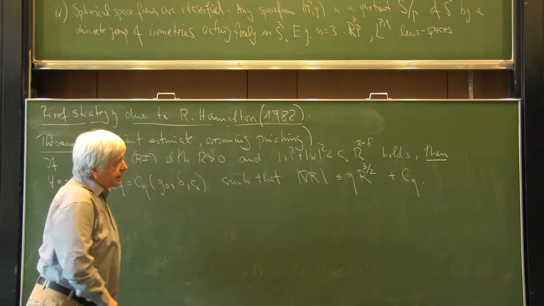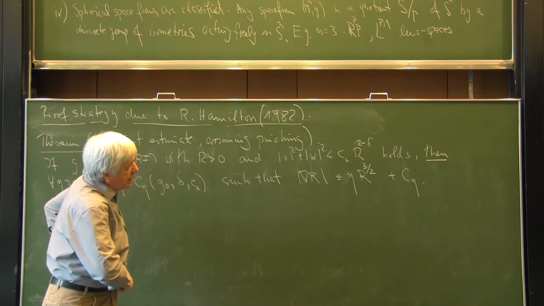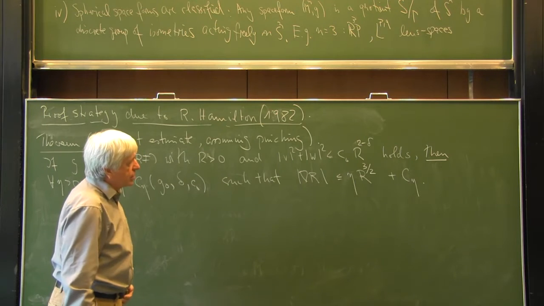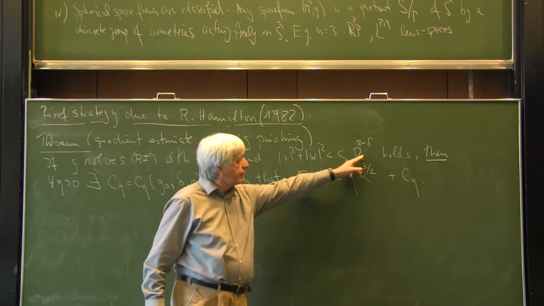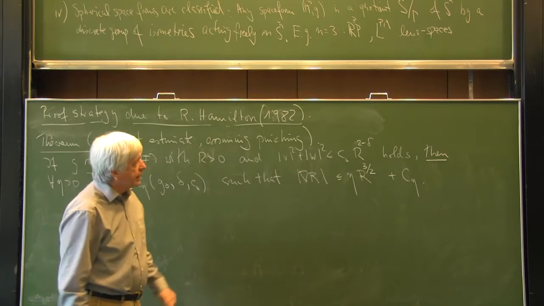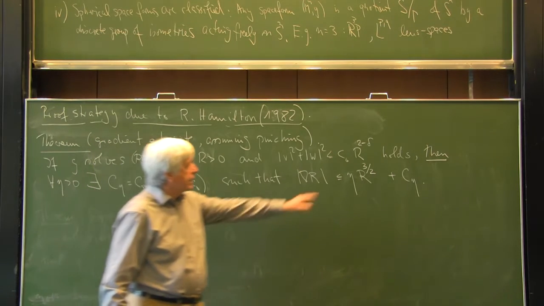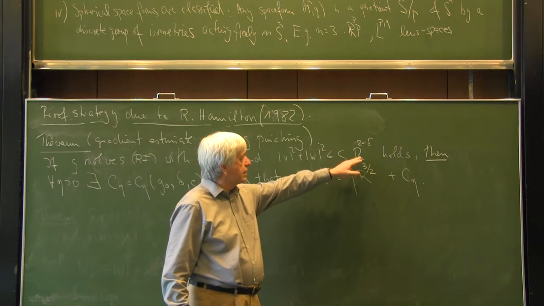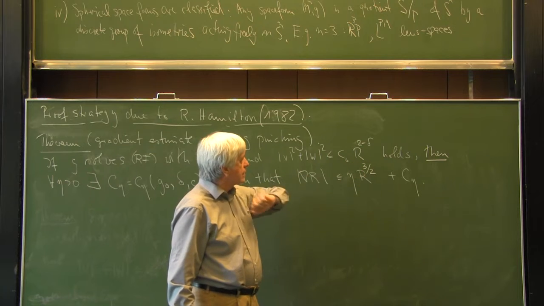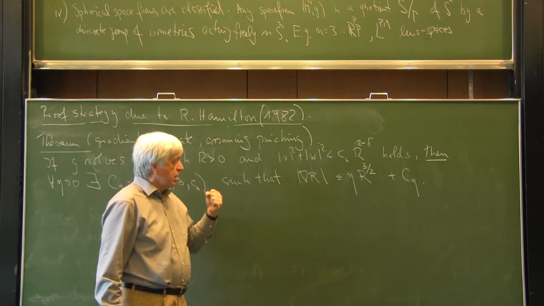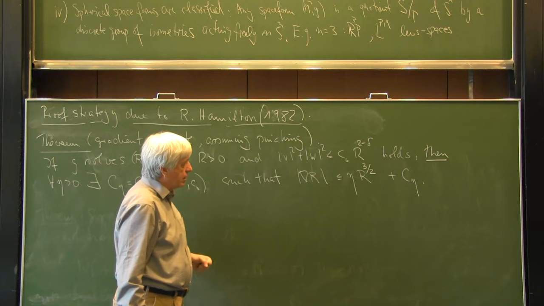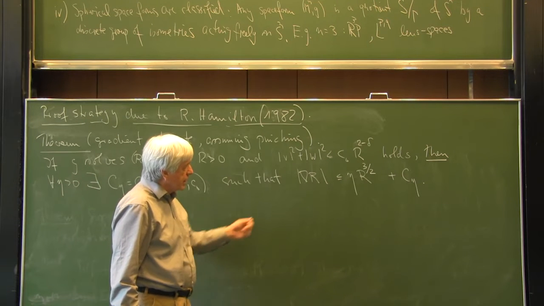Notice that this estimate is not quite breaking the scaling. On the right-hand side the scaling is slightly better than 1 over distance squared, and that gives us this scaling-invariant knowledge about the behavior of the curvature.